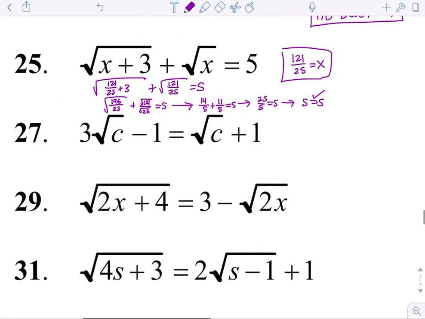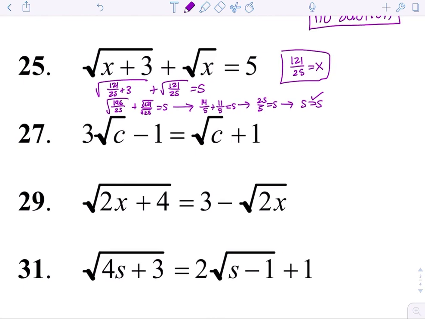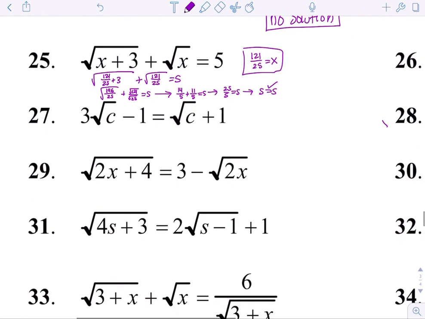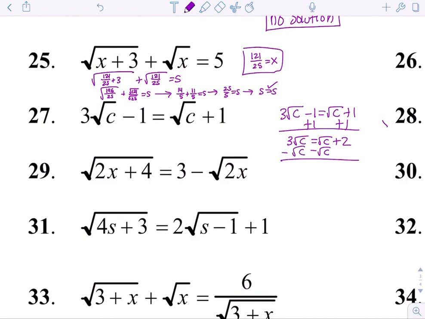Alright, 27. So for 27, you guys, add 1 to both sides. 3 rad c is equal to rad c plus 2. Subtract rad c from both sides because I noticed that they have the same root and radicand, so they can combine like terms.